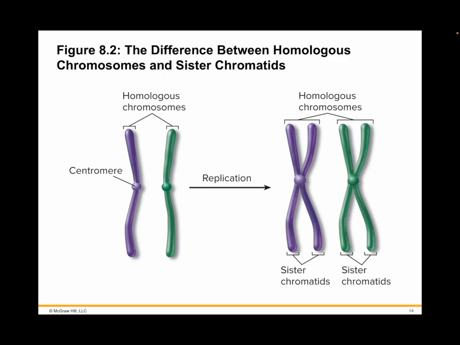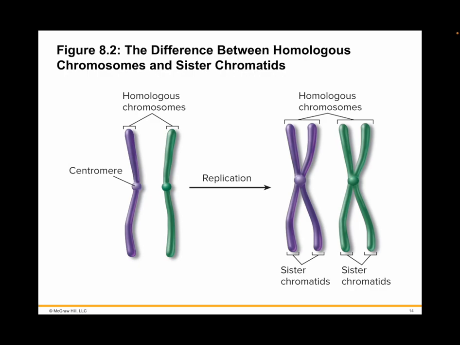Human body cells have a total of 46 chromosomes, which are actually 23 pairs of homologous chromosomes. In their duplicated state, before mitosis, there are still only 23 pairs of chromosomes, but each chromosome has duplicated and consists of 2 sister chromatids for a total of 92 chromatids.